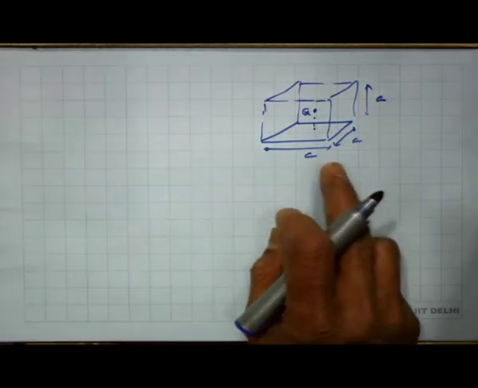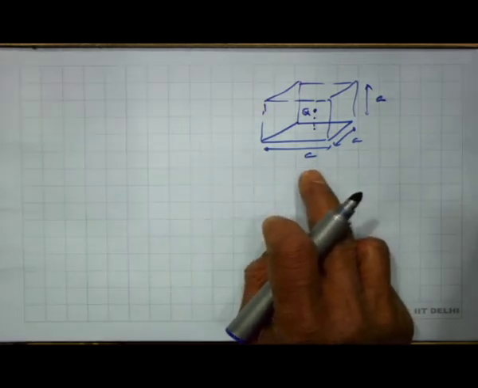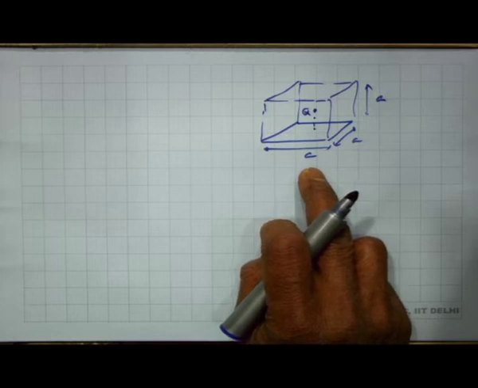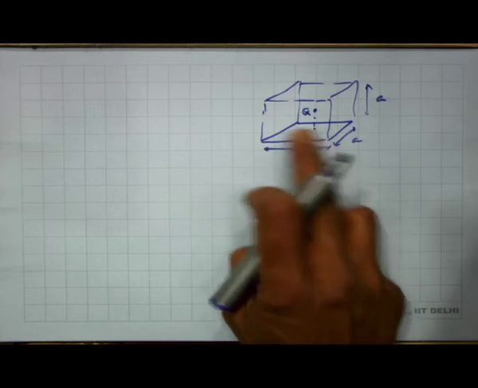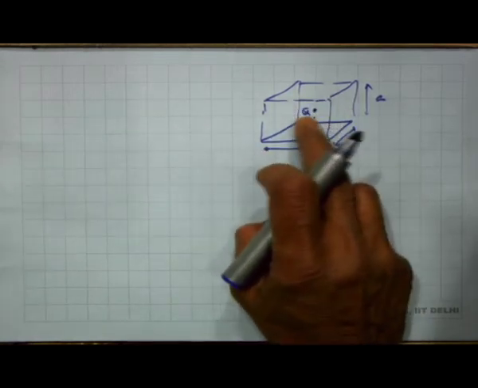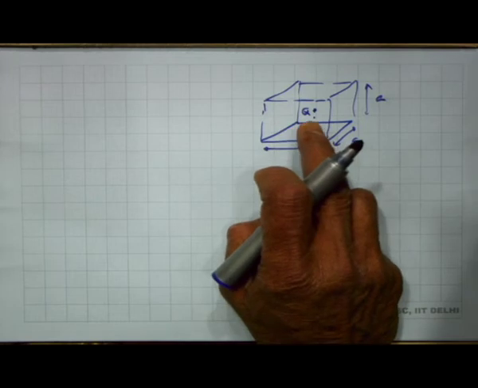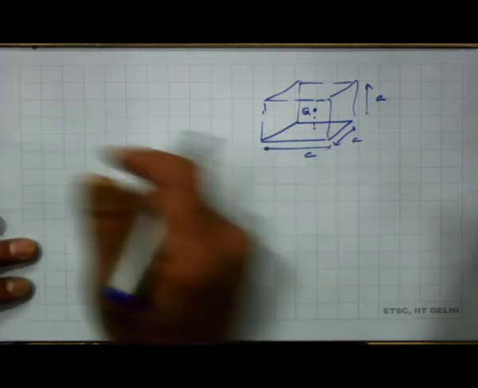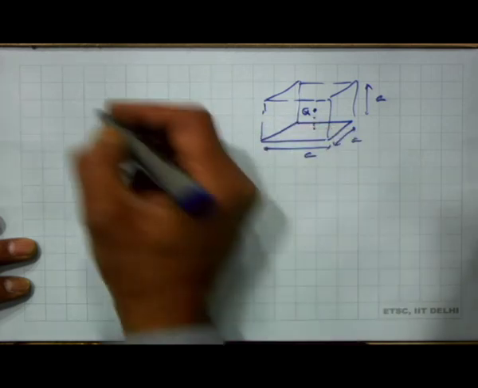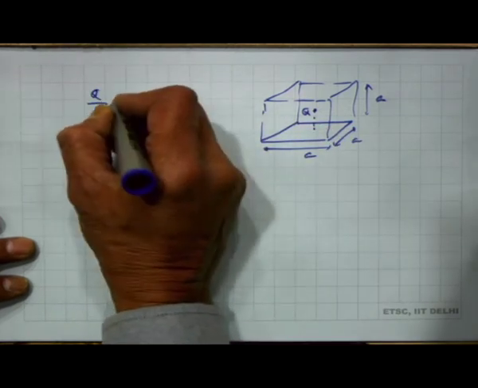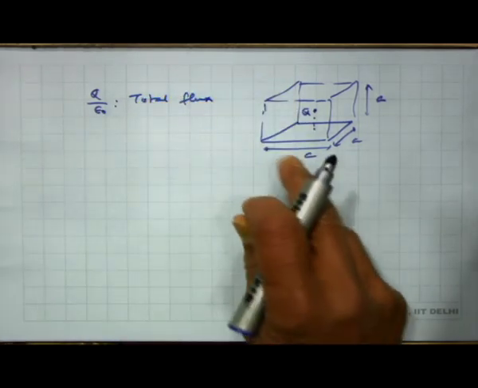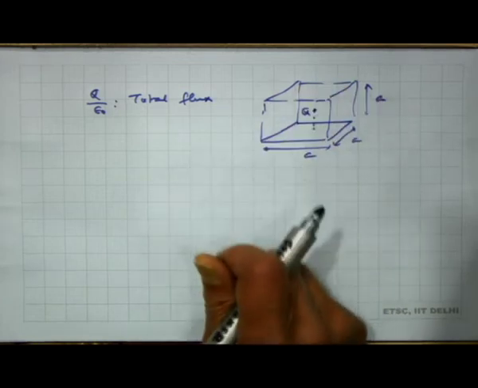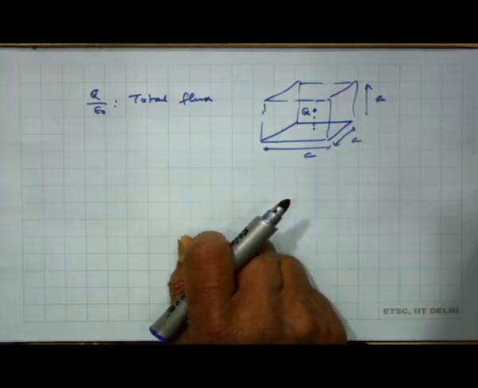So, the charge is placed at the center of a cube of side A, and because it is a point charge, the electric flux is uniform. It does not depend on the angle, it depends only on the position. And these 6 surfaces of the cube which are surrounding this are equidistant from the point source. So, the total flux coming out of the charge q is q by epsilon 0, and out of this 1/6 must be passing through each of these surfaces because they are all equidistant from the point charge.